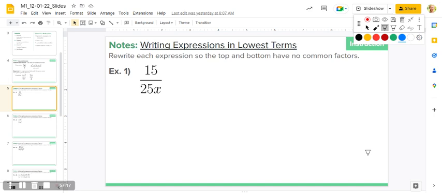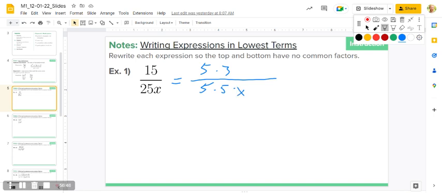We've gone through similar exercises with this factorization before, but I'm going to rewrite my fraction. I'm going to break down 15 into as small factors as I can. And I know that 5 times 3 is one way that I can rewrite 15. Then I also need to break down this bottom one, 25x, and I can do that with 5 times 5 times x.